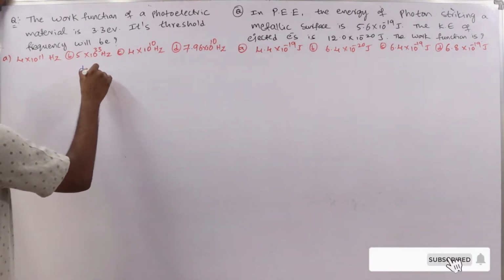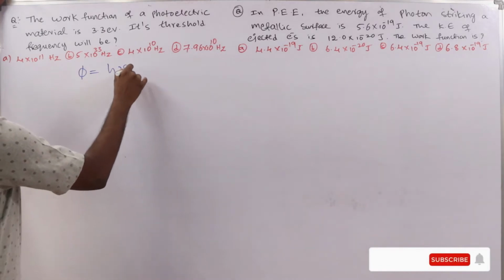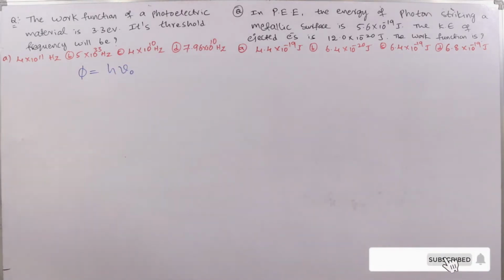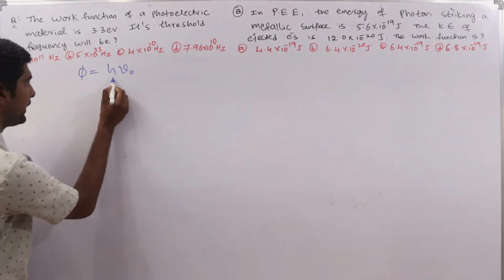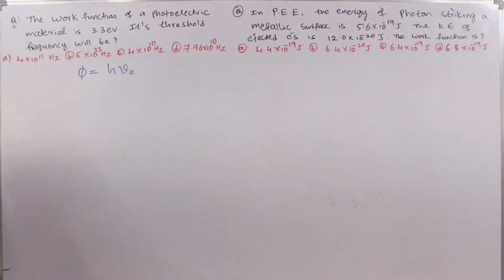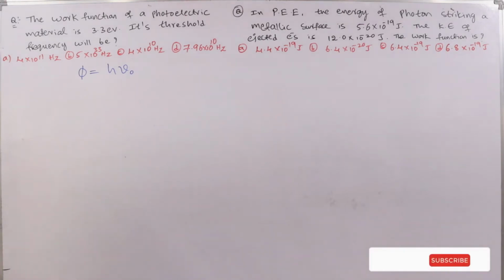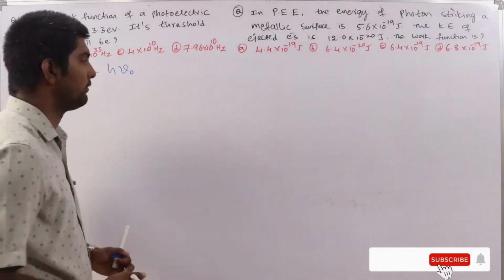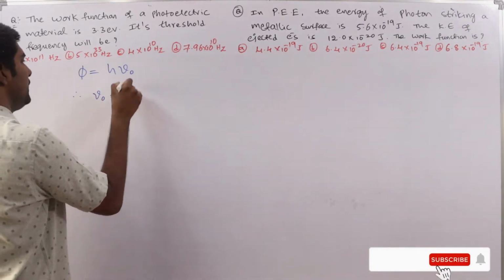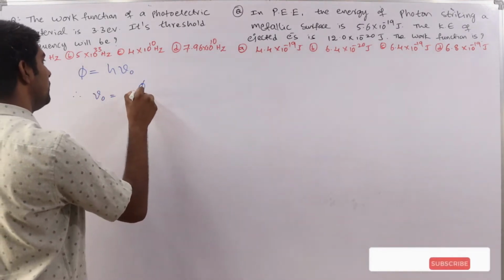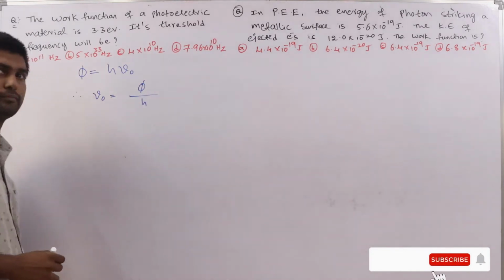Work function phi equal to h nu naught. This is the work function, this is the Planck's constant, and this is the threshold frequency. Already we discussed what is threshold frequency. So from this we need threshold frequency equal to phi by h.